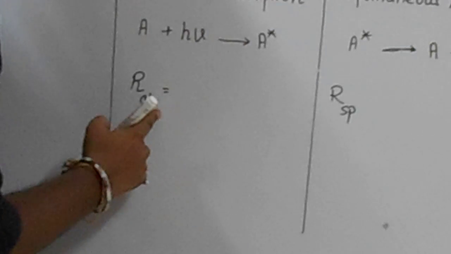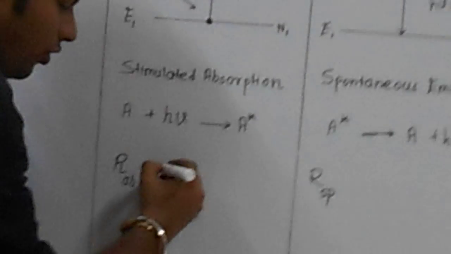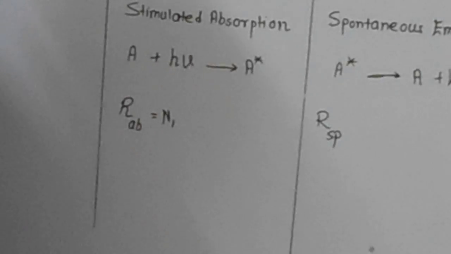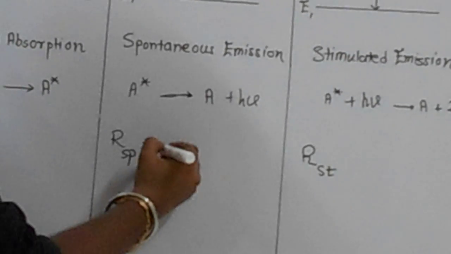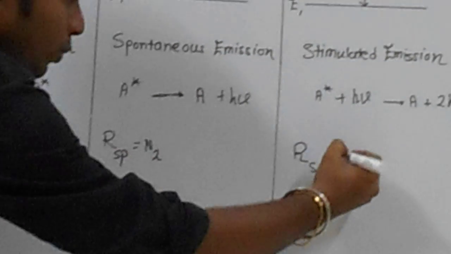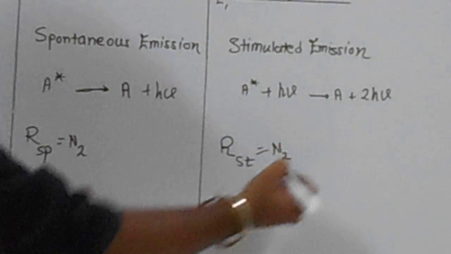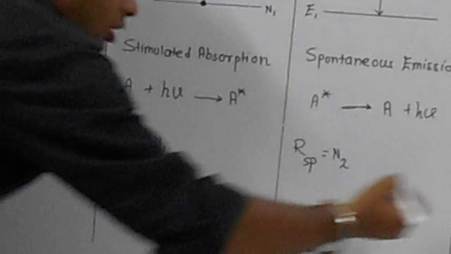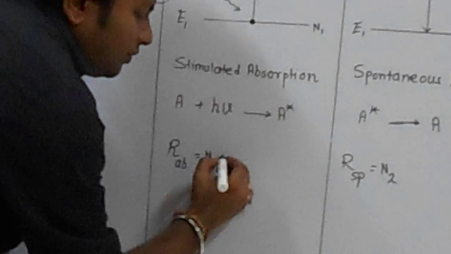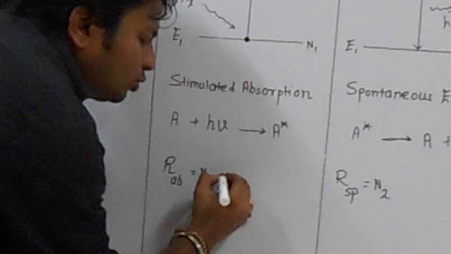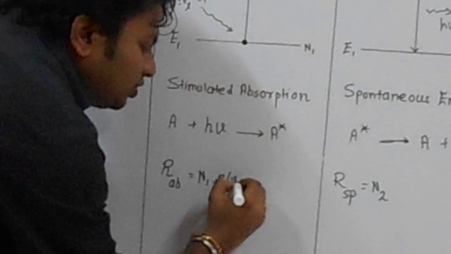Now the rate of absorption depends on how many electrons are present in the lower level. So for this I require N1. The second and the third process depend on how many electrons are initially present in the upper level. So therefore you will write N2 over here, N2 over here. Now as far as your first and the third process is concerned, you require some external photons. So the rate of absorption depends on rho, which is a function of nu.